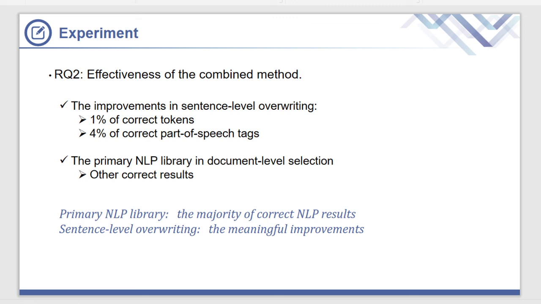Therefore, the last finding is that the majority of correct NLP results come from the outputs of primary NLP library, and the meaningful improvements of our combined method on individual NLP library come from sentence level overwriting.